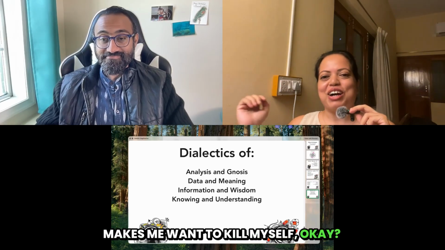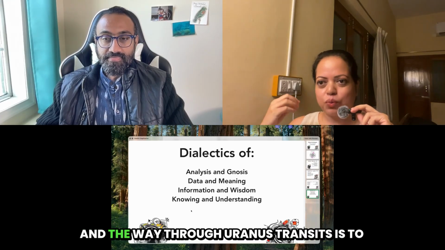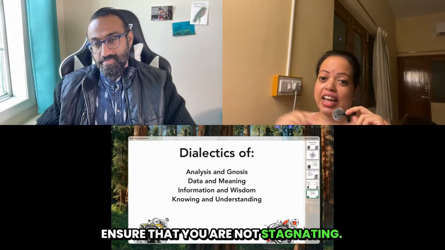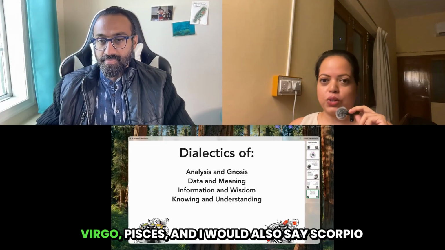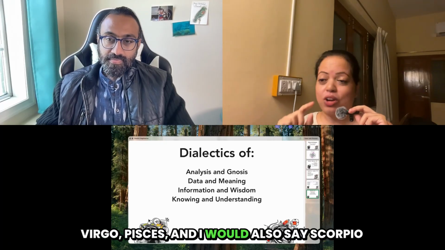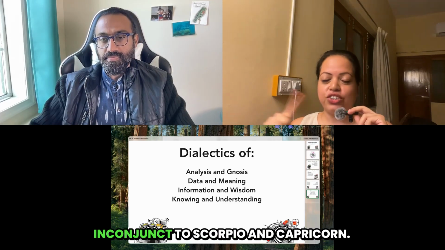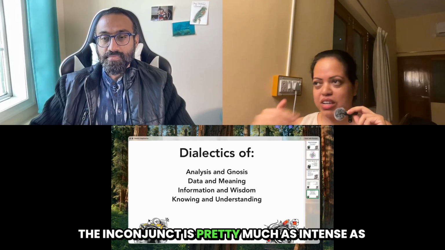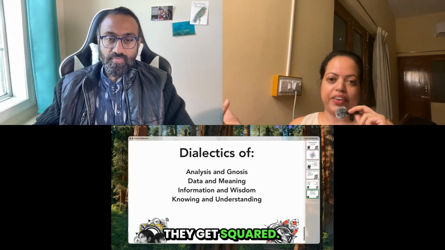Okay, but you gotta trust the transits, and the way through Uranus transits is to ensure that you are not stagnating. And this applies to Gemini, Sagittarius, Virgo, Pisces, and I would also say Scorpio and Capricorn, because Gemini forms an inconjunct to Scorpio and Capricorn. The inconjunct is pretty much as intense as a square.